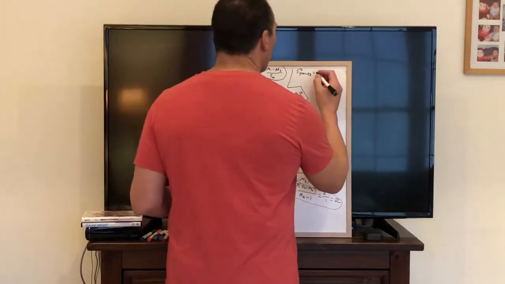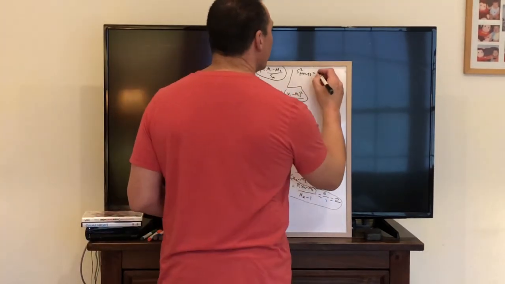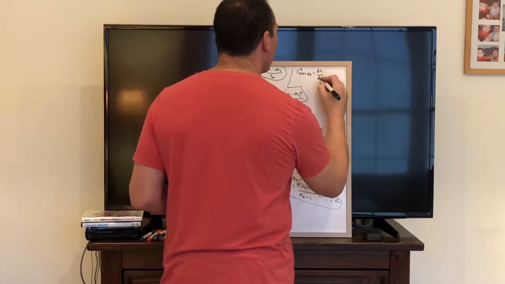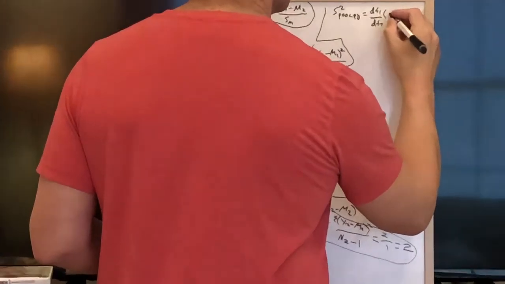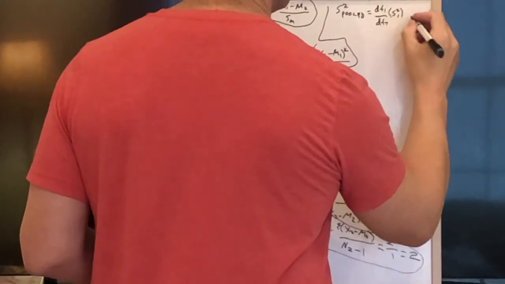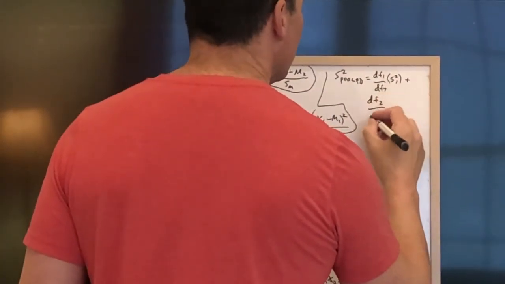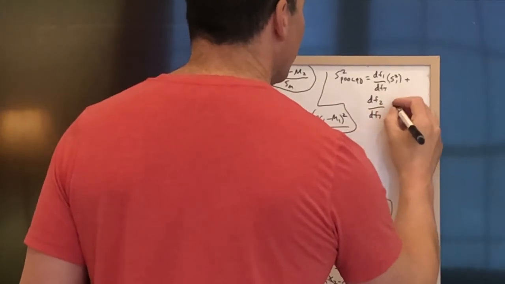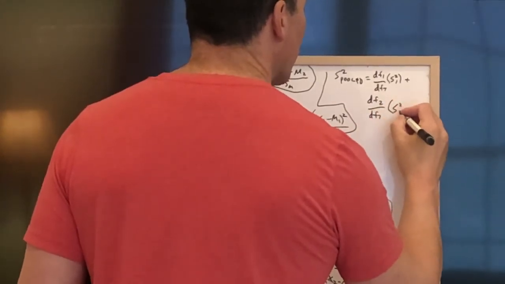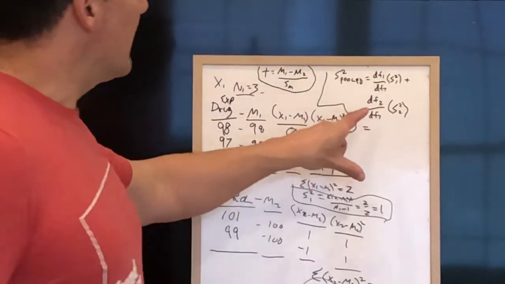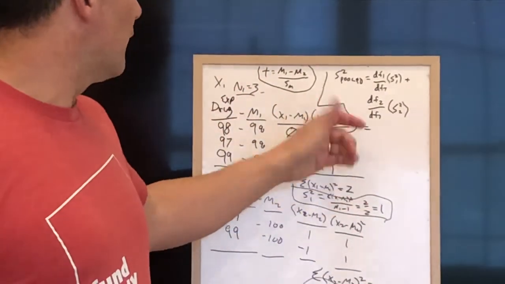Okay, the formula for S-square pooled is this: df1 over df total times s squared sub 1 plus df2 divided by df total times s squared sub 2. That is our formula for S squared pooled.